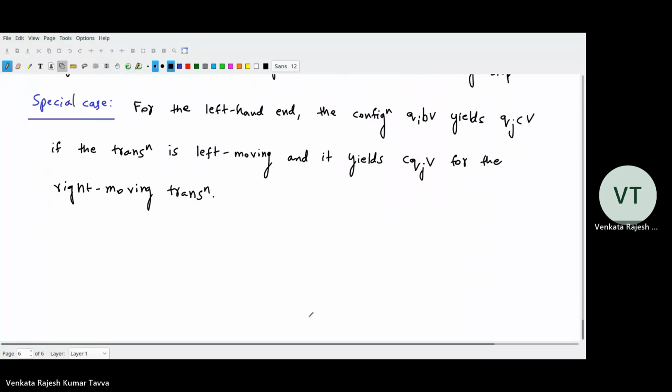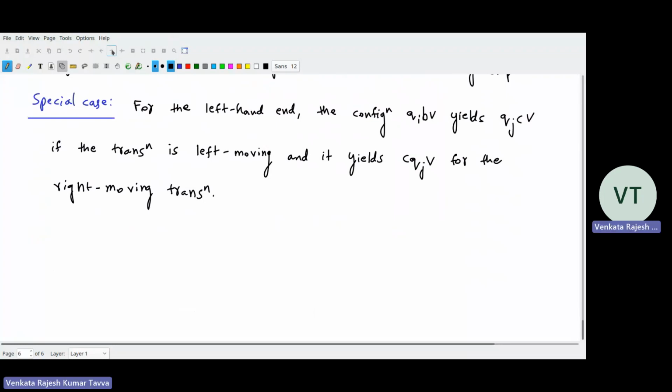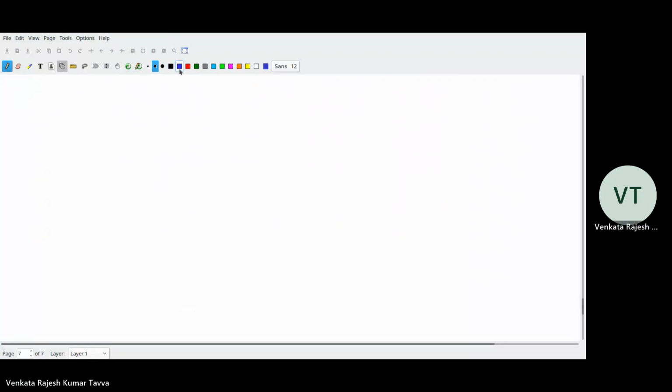Okay, clear? All right, now let's look at the formal definition of a Turing machine.